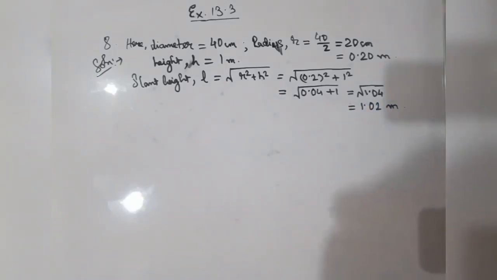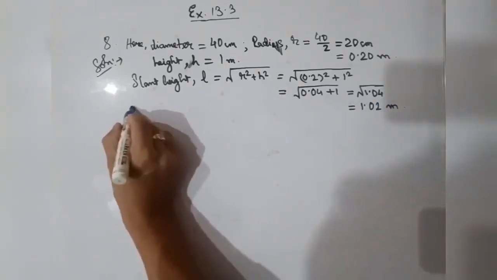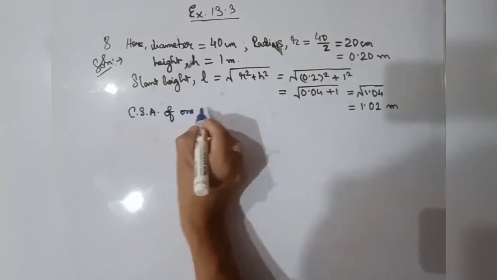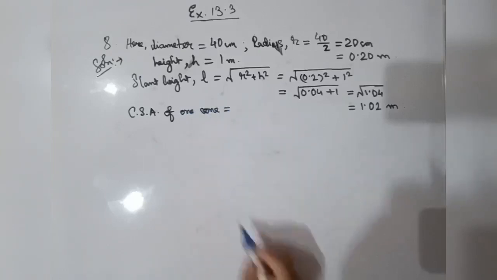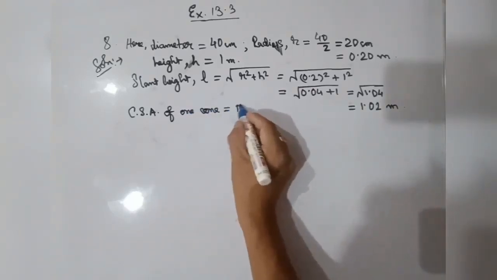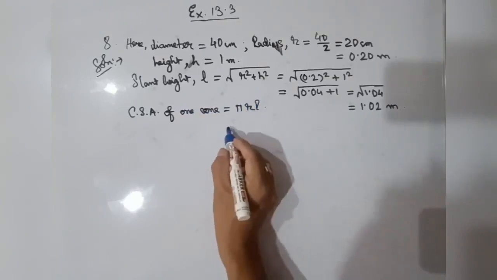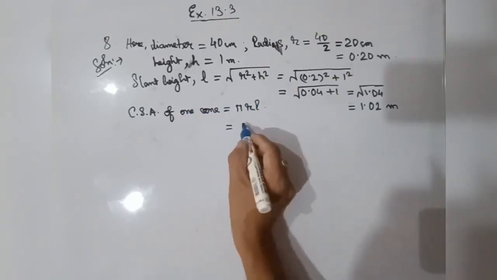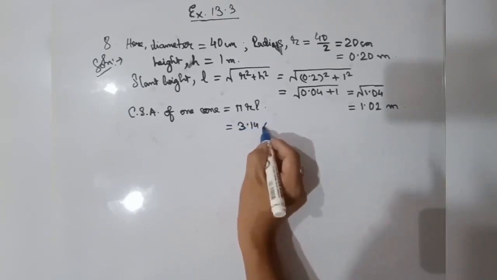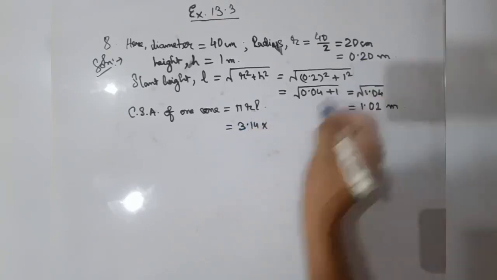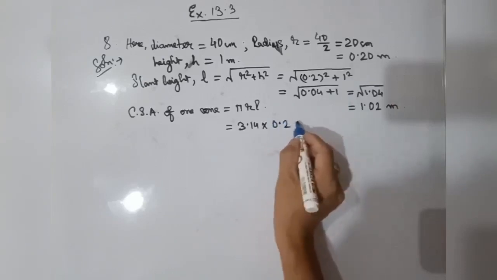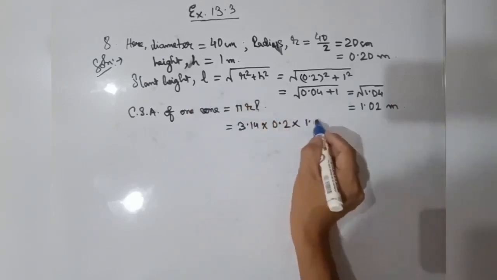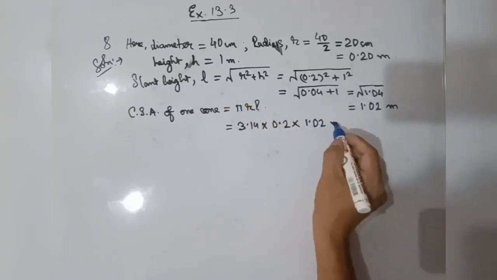Now let us first find the curved surface area of one cone. The curved surface area of a cone is given by the formula pi r L. So this will be equal to, also in the question it's mentioned that we are to use the value of pi as 3.14. The value of r is 0.2 and that of L, that is slant height, is 1.02 meter.